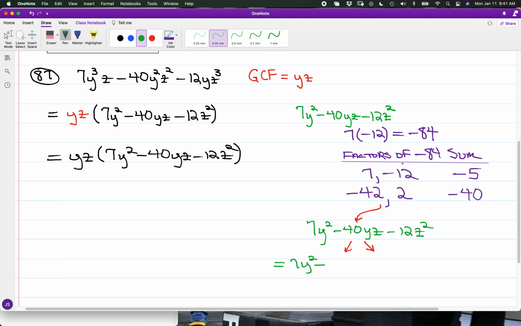It doesn't matter what order you place these, but if you have a negative and a positive factor, I like to have the operation of addition in the middle, so I'm going to have the 2 follow the negative 42.